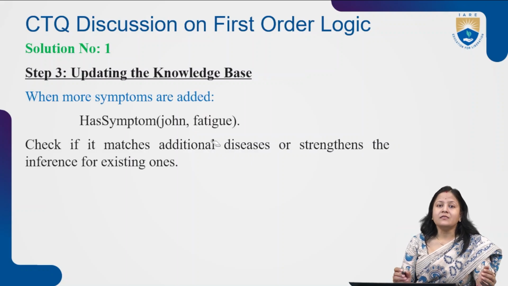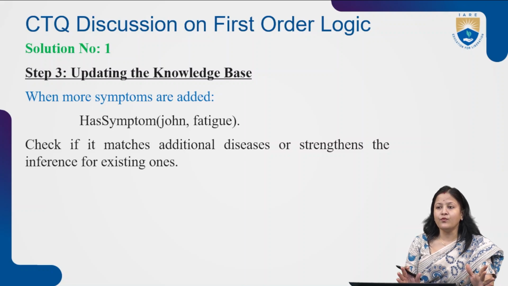Now step 3 is updating the knowledge base. When more symptoms are added, it's not like flu, some other symptoms will come. Like John has symptom fatigue also. In that case, this type of statement we have not stored inside the knowledge base. But once the symptom is given to the machine, it will try to match the existing rules and check if it matches an additional disease or strengthens the inference for the existing one.